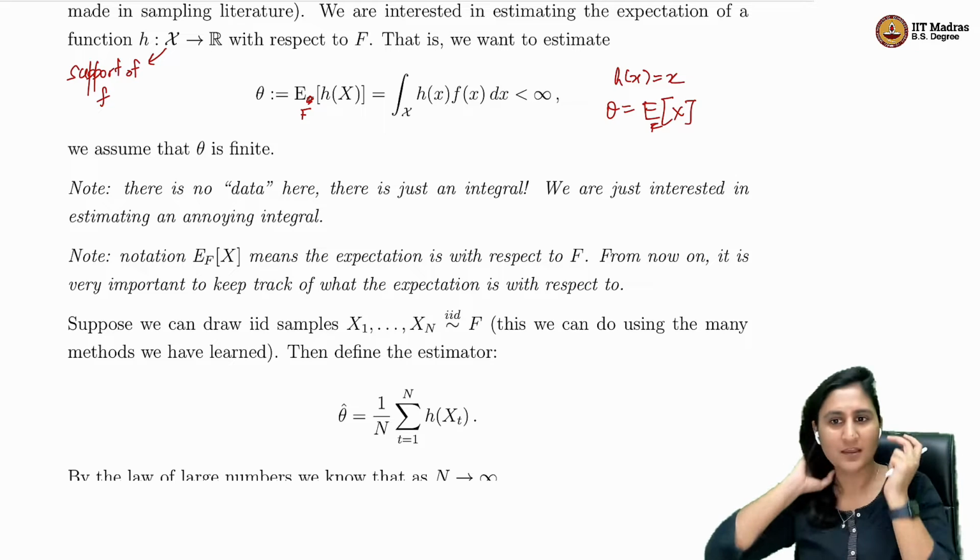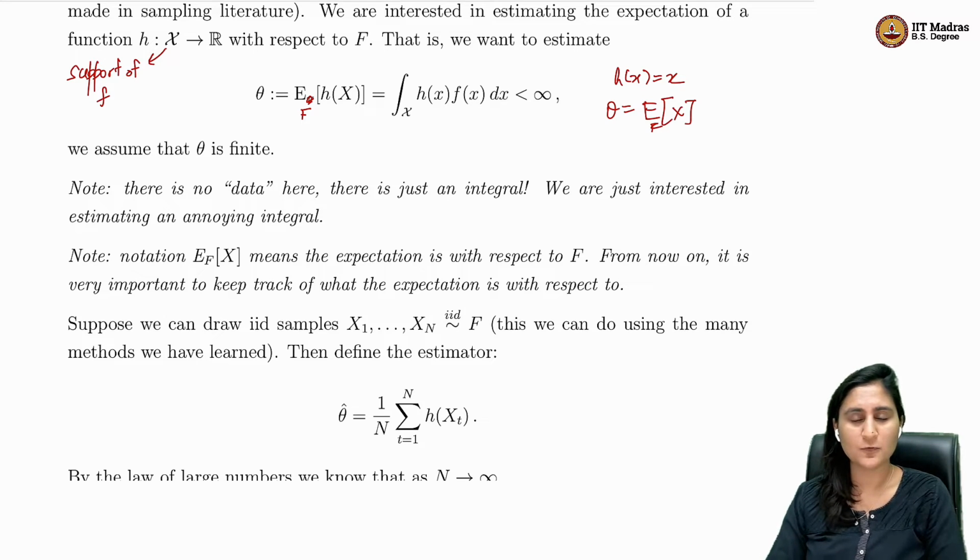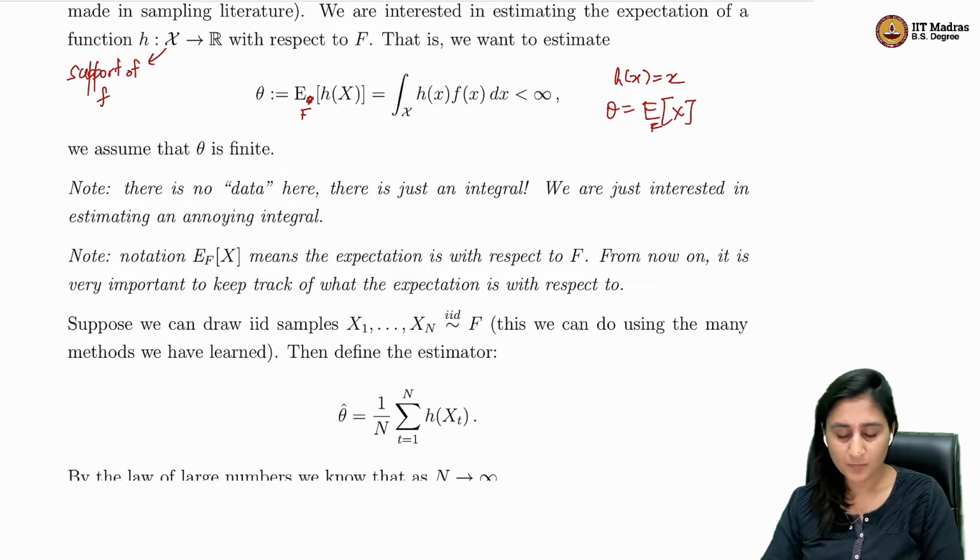This integral might be annoying. It might not be solvable using all those very interesting integral solving techniques that we know. There might not be a nice closed form solution. So the integral might be annoying, and we are interested in estimating this annoying integral.